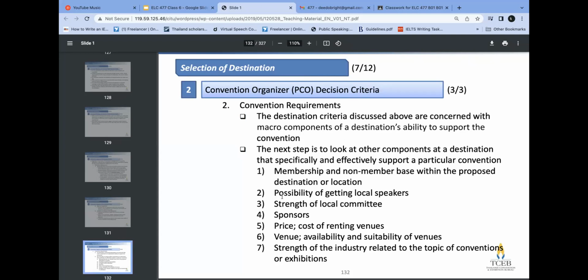Second, the possibility of getting local speakers. Then the strength of local committees and sponsors, price and cost of renting venues, availability and suitability of venues, and the last one, the strength of industry related to the topic of the convention and exhibition. So from 1 to 7, which one do you think is the most important factor?